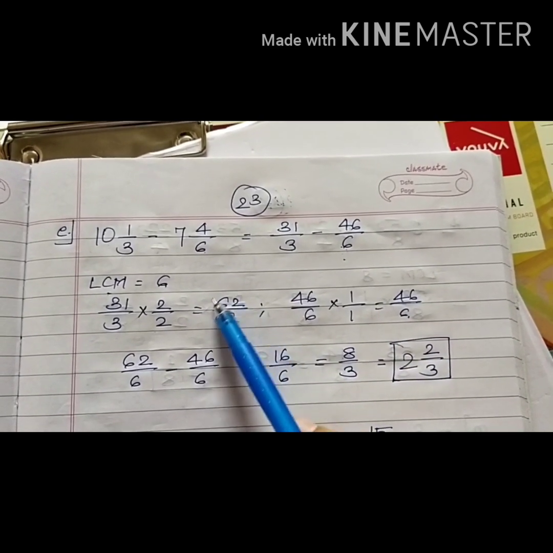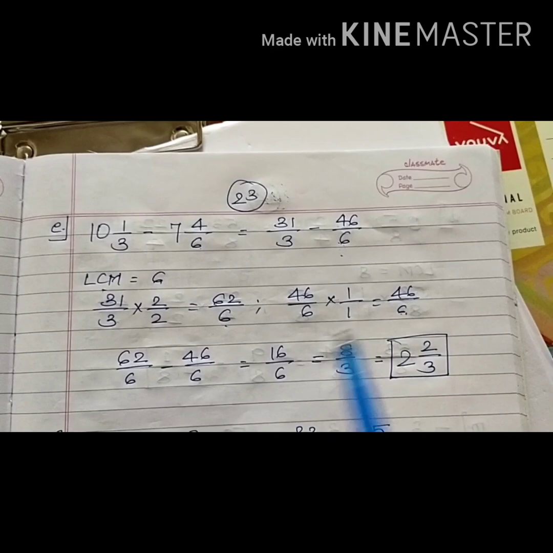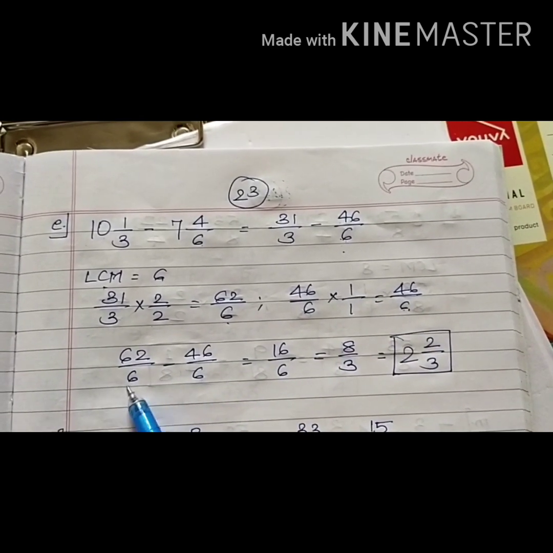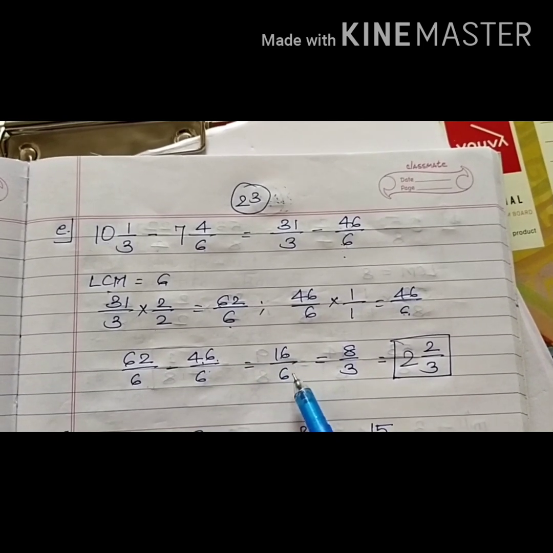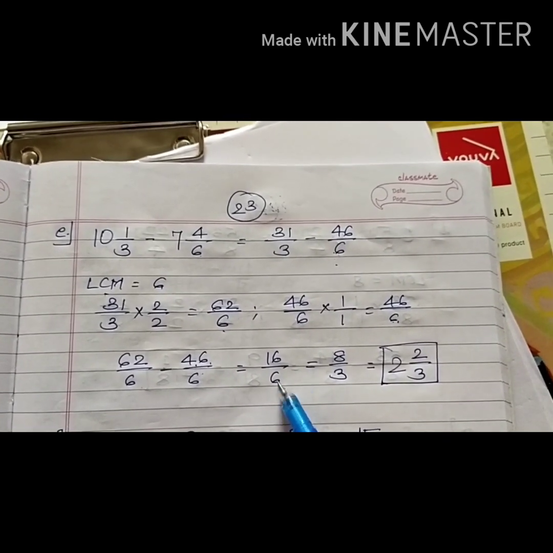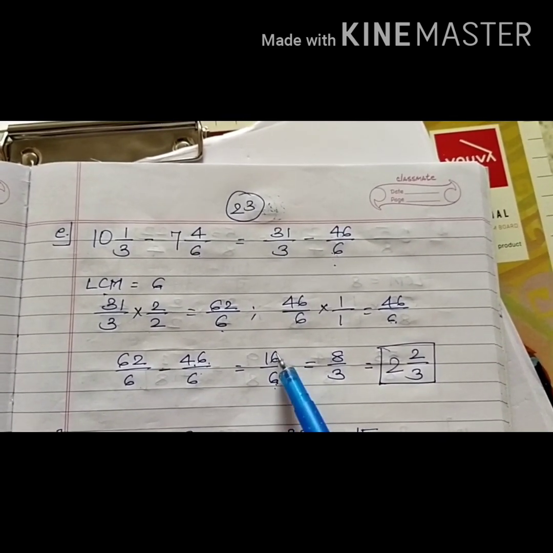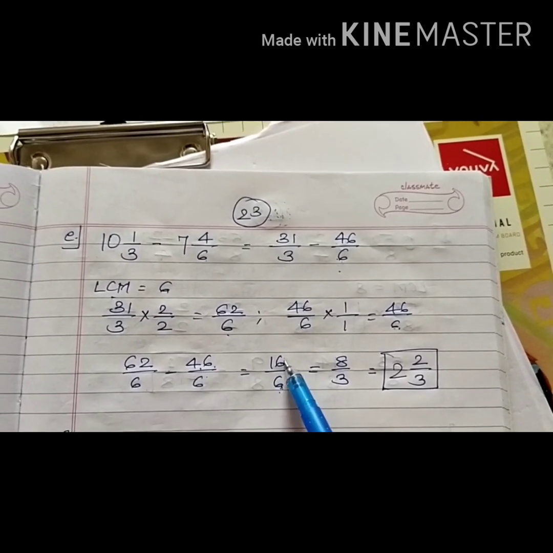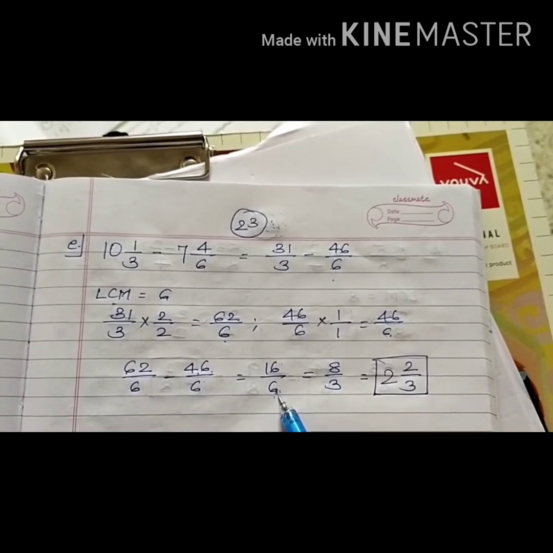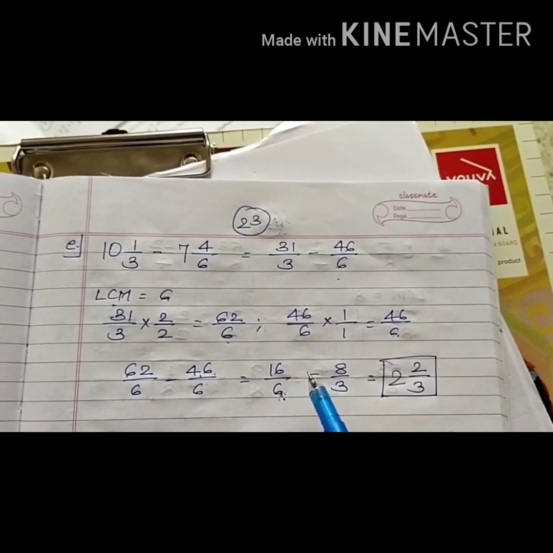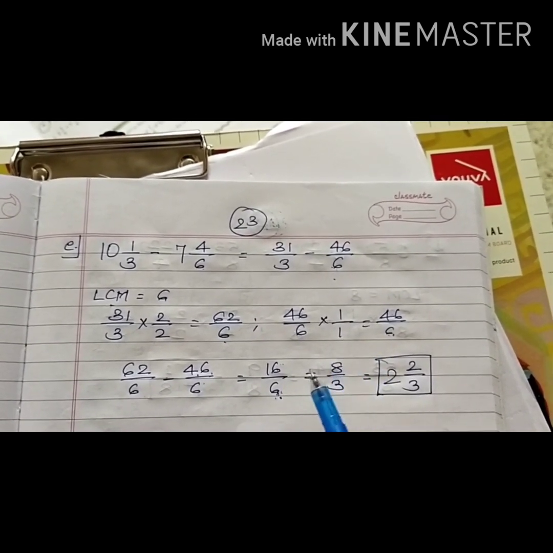Now subtract 62 upon 6 and 46 upon 6, because now I have made my denominators equal. So 62 minus 46 gives me 16 upon 6. If I observe, 2 is the common factor which can reduce both my numerator and denominator. Please note, children, reducing a fraction is common for proper as well as improper fractions.